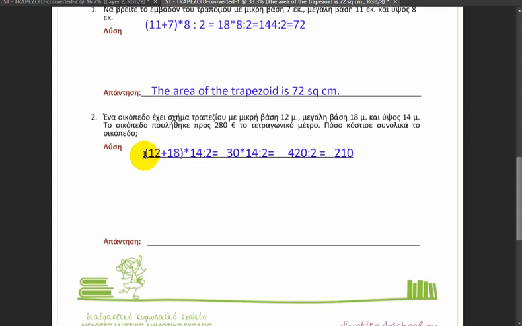So that's going to make 210. So we have a total area of 210 square meters, right? And each square meter is worth 280 euros. So to find the total price, I need to do 280 times 210. And this gives us a total of 58,800 euros.